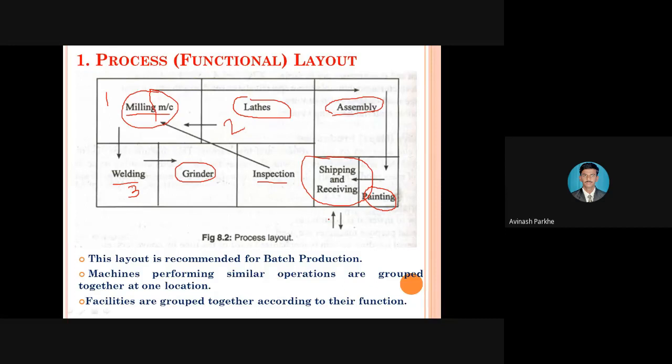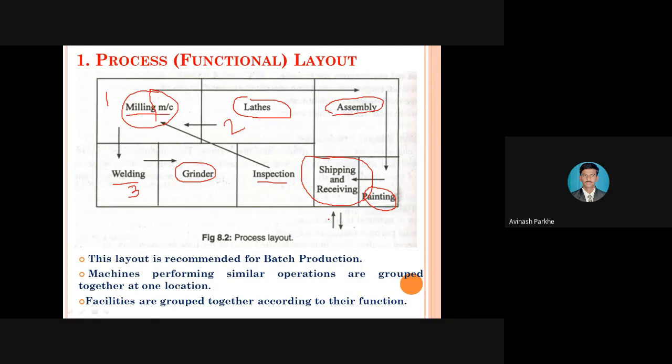So here mass production is not taking place. Only some limited components are there. Those limited components we take to the respective compartment, and we perform the operation. Sometimes for some products, the lathe operations are not required, grinding operations are not required.